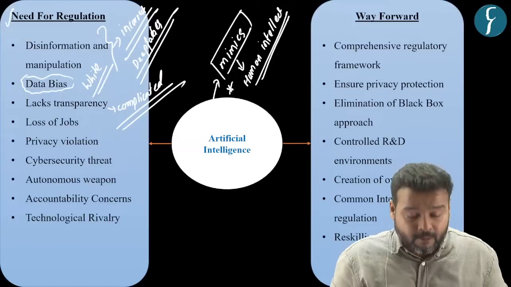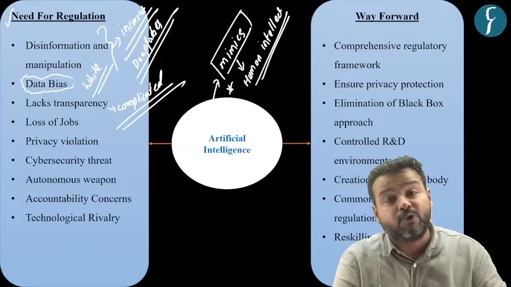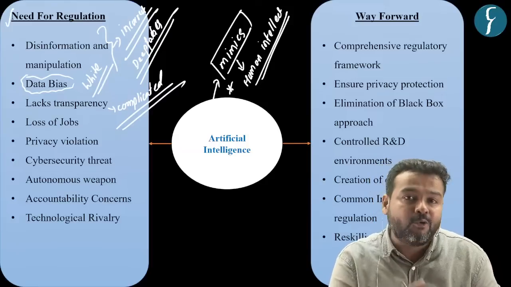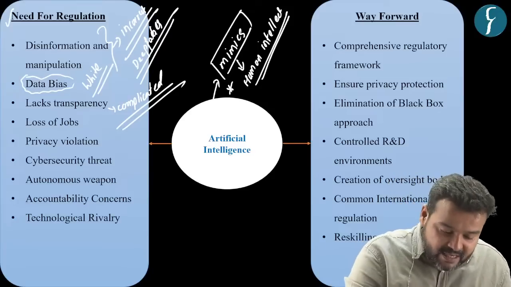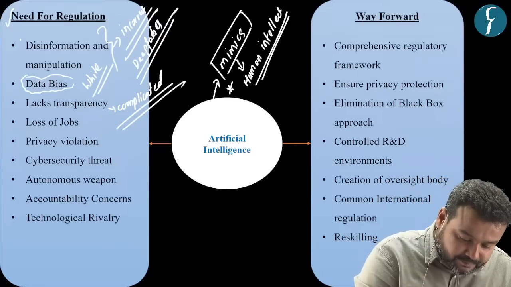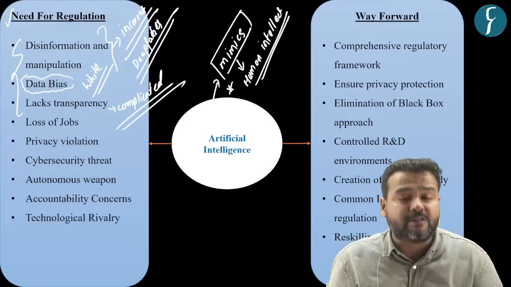So what happens? There is opacity. You don't even know the process, you don't even know the variables, so how do you control or oversee that thing?